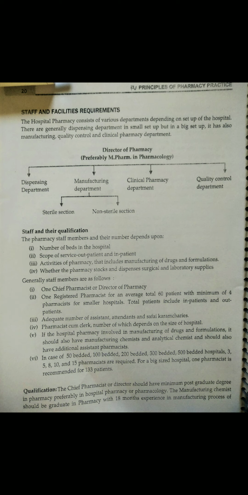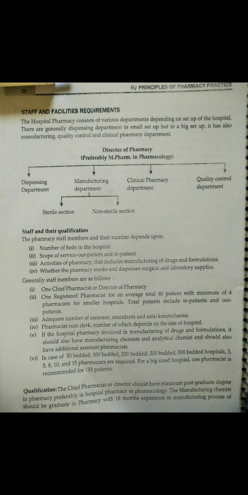Next, the hospital pharmacy needs a chemist and analytical chemist for the manufacturing process. And if the bed size is 50, 100, 200, 300, 500, the pharmacist number should be: for 50 beds, 3 pharmacists; for 100 beds, 5 pharmacists. According to the beds, they need the pharmacists.